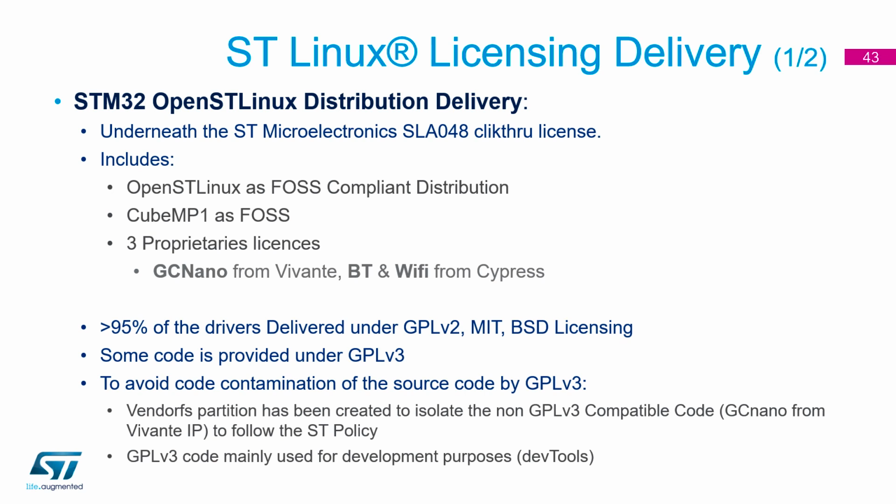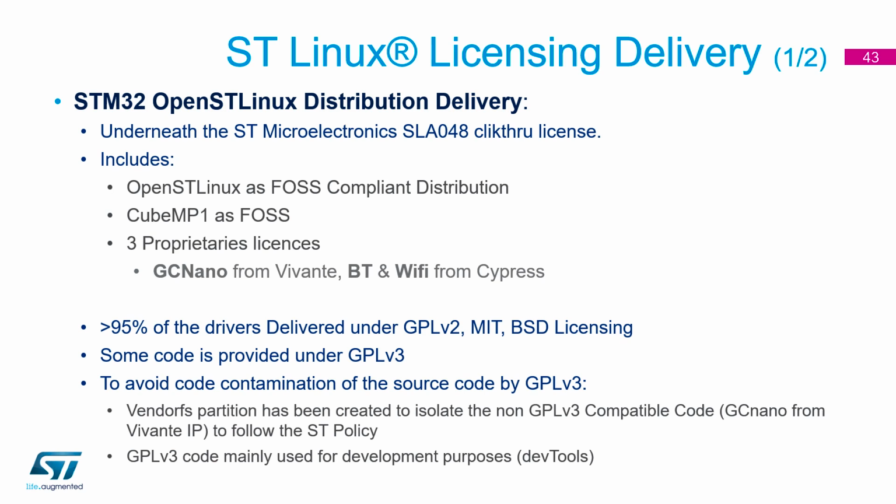The Bluetooth and the Wi-Fi are a module from Cypress, so they can provide you with source code for that, but again, it's a separate license. Most of the drivers we provide are under GPL version 2 or BSD. But as I say, some items are under v3. Most of those are to do with debug features and things like that.